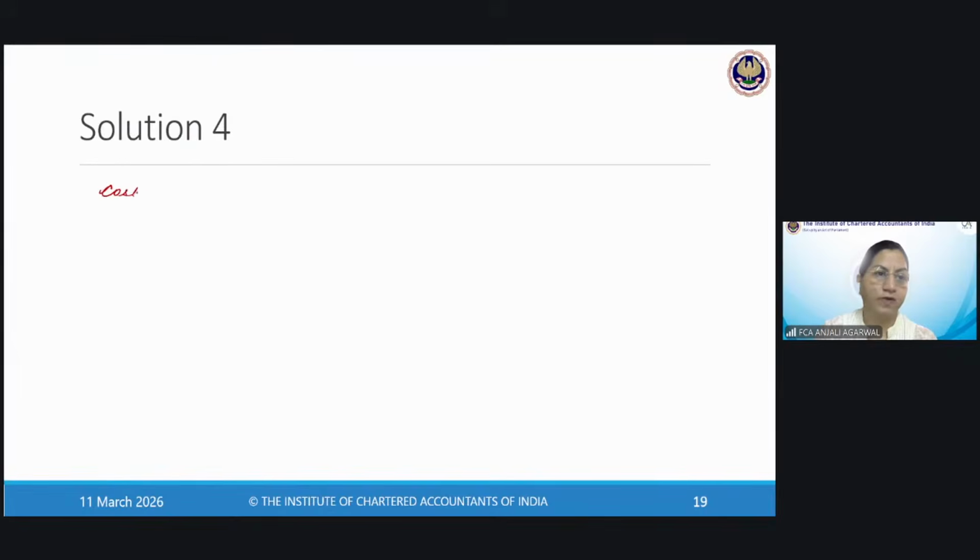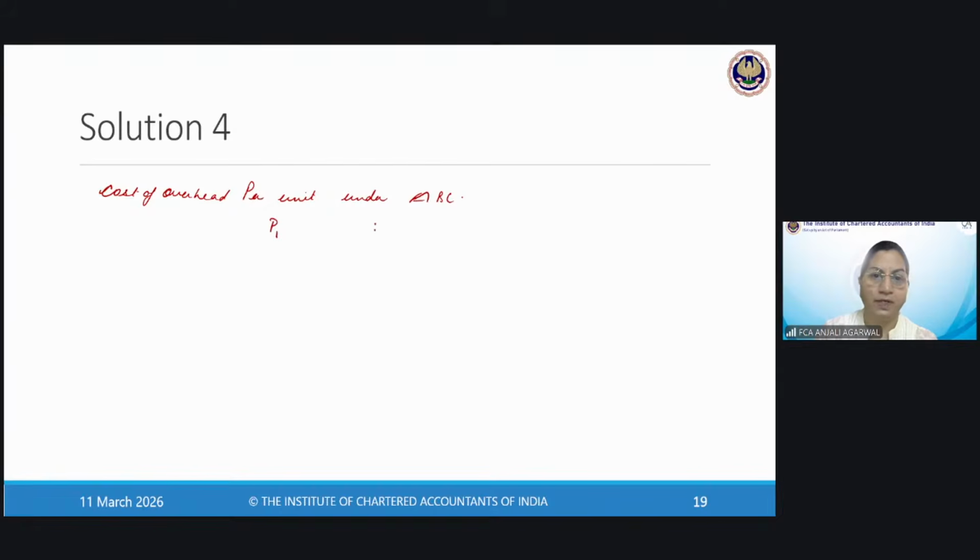So cost of overhead per unit under ABC method.